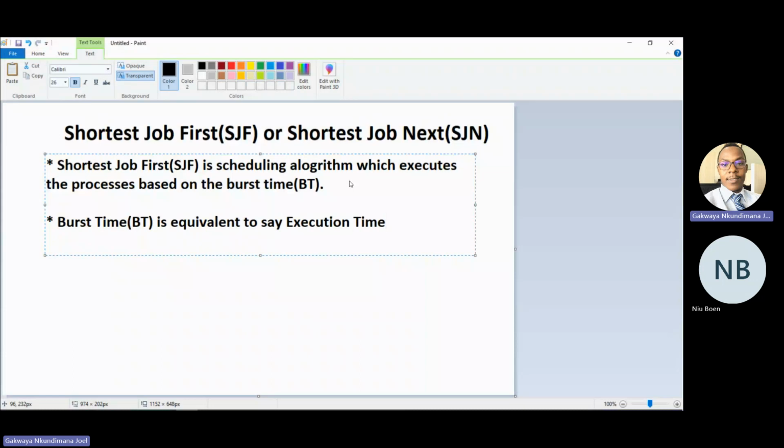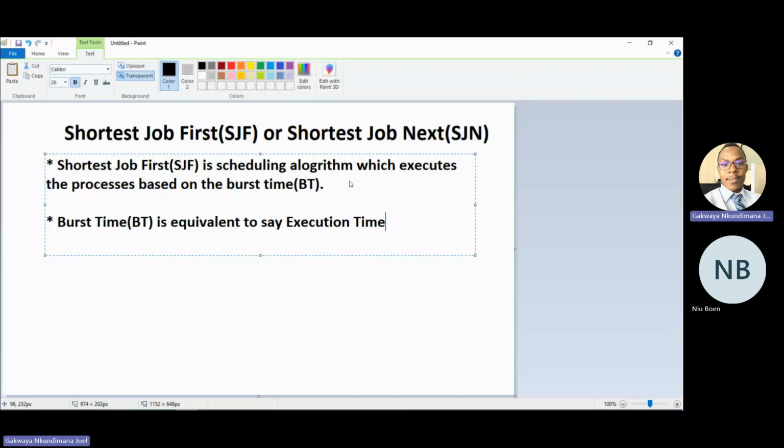Arrival time will work, because we shall see. That's why I said this is a mix: priority versus preemptive, preemptive plus non-preemptive. In the case which you are mentioning, we shall see during the exercise.